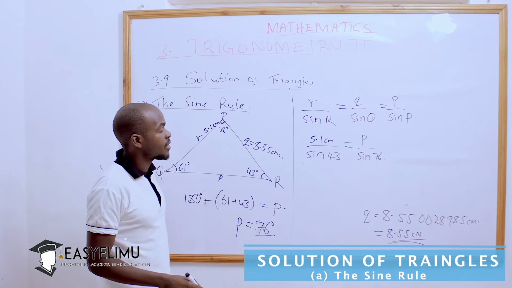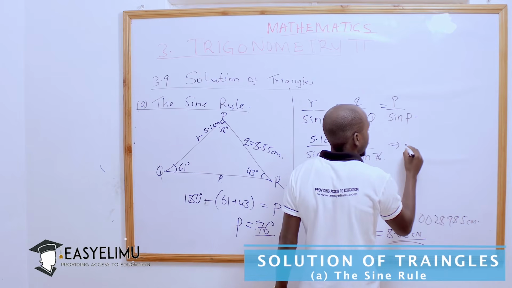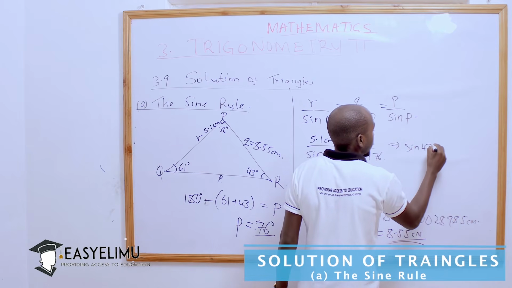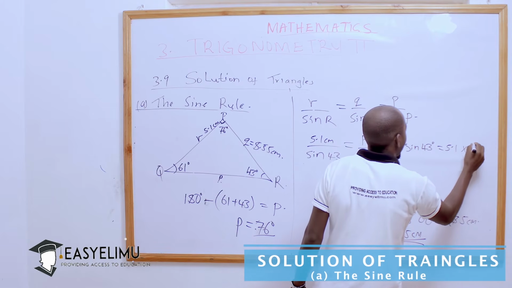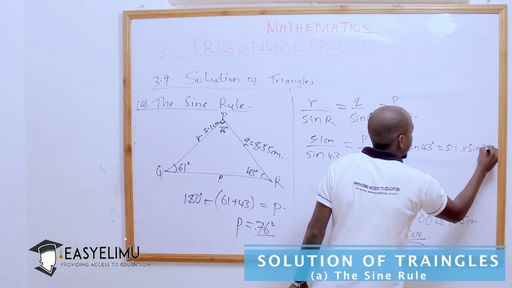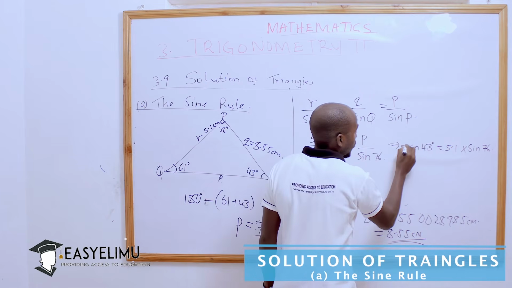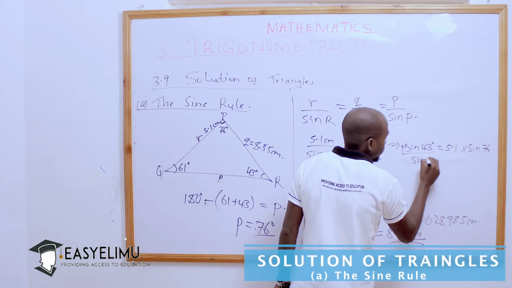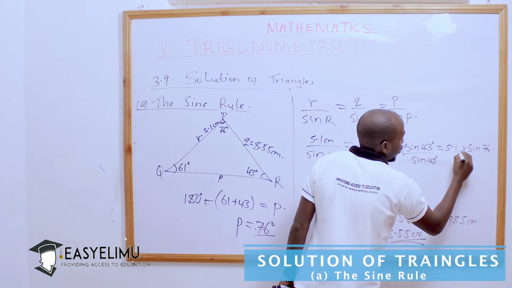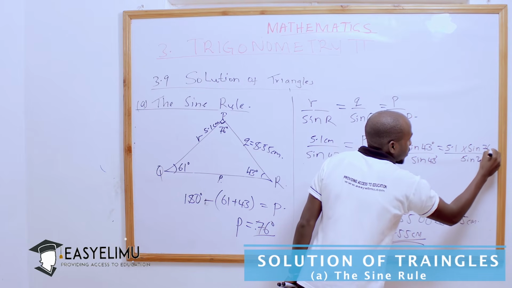If we do that, we find that sine 43 multiplied by p is equal to 5.1 multiplied by sine 76. To find the value of p, we divide both sides by sine 43 degrees.